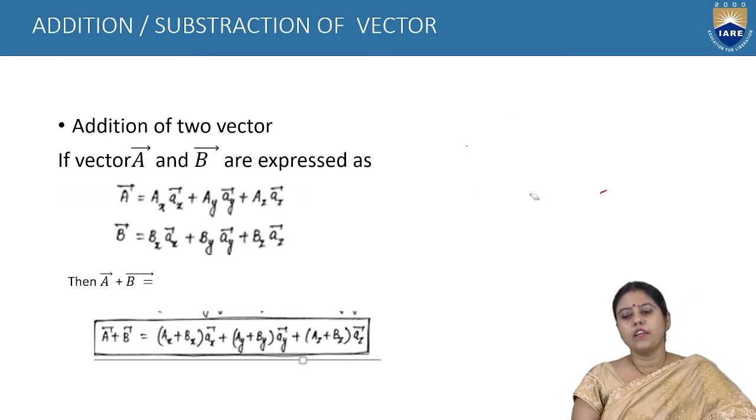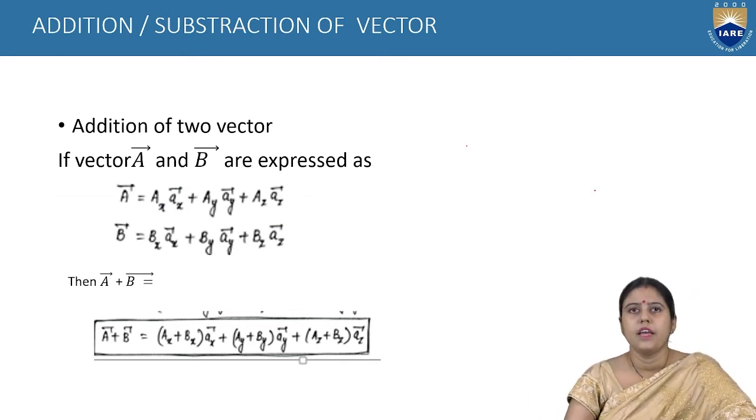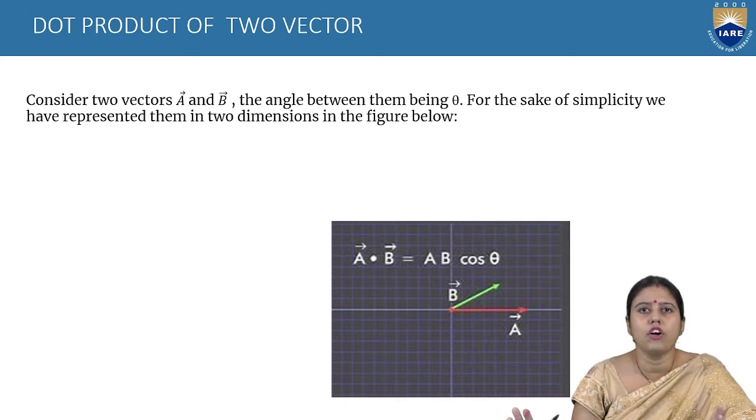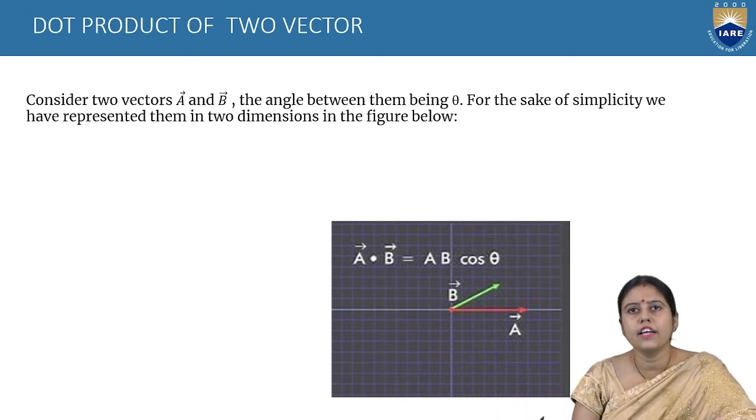So what is the meaning of vector multiplication? Vector multiplication means we can multiply vectors in two categories. One is called the dot product, another one is called the cross product.